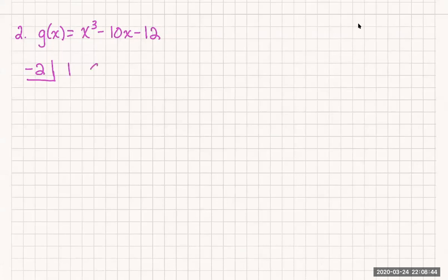1, 0, -10, 12. Why did I have to put a 0 there? Do you remember? It's because it's missing the x squared term. So remember, when I'm missing a power, I have to represent it with 0, okay? So do synthetic division.